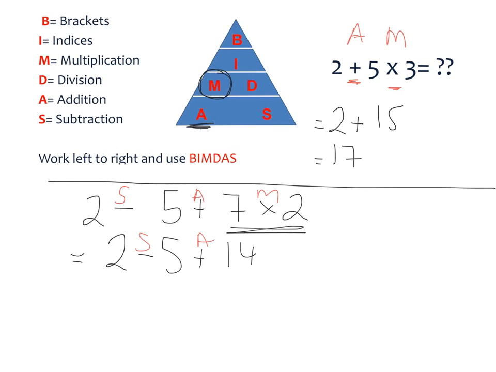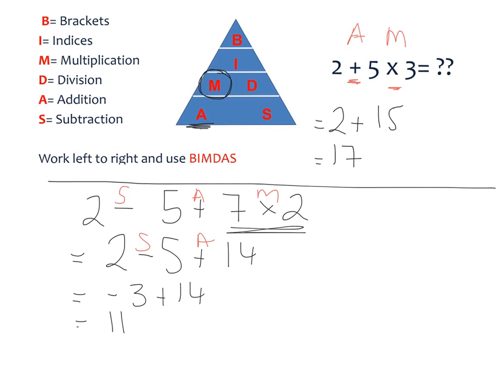But that's why we've put them on the same level in my triangle. Because they're on the same level and one isn't necessarily better than the other, you actually just do whichever one comes up first in my question. And then we take that to answer the next part. So we're going to do 2 minus 5, which gives me minus 3 plus 14. Therefore, minus 3 plus 14 gives me 11.